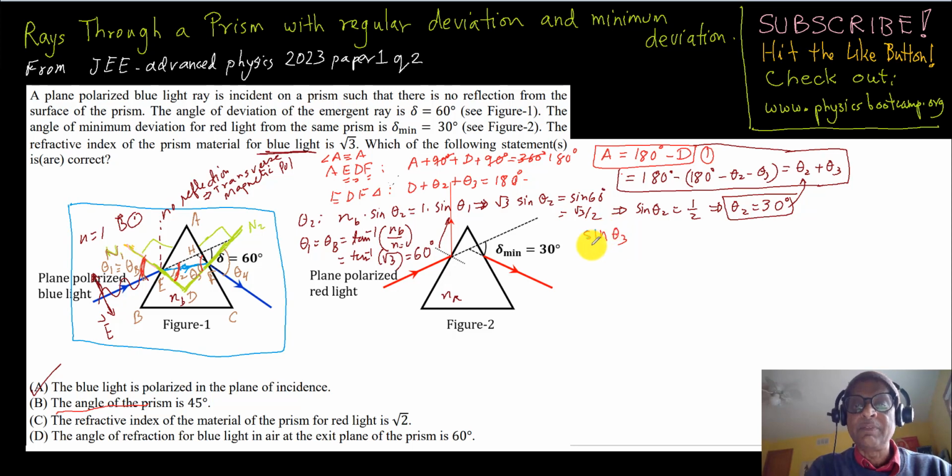Sine theta 3 times the refractive index equals 1 times sine theta 4. So neither of them are known, right? So we're kind of stuck here. We call this 2, we call this 3, but the information that's given here is this deviation is 60 degrees. So I can make use of that if I know how to relate it to the other angles.